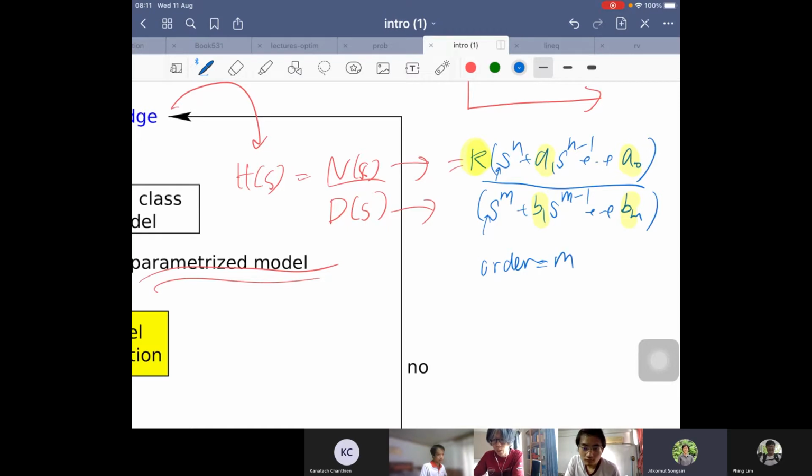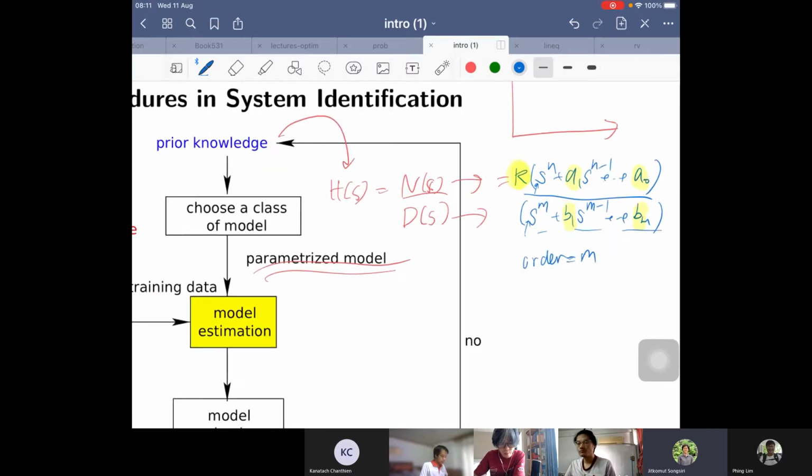Order m, right? We look at the highest degree of the polynomial in the denominator. That's the order of your system.